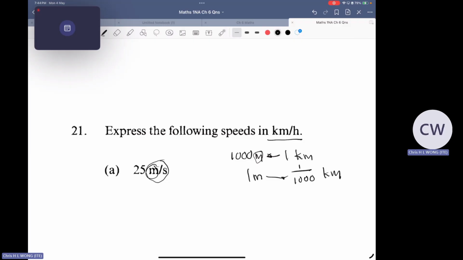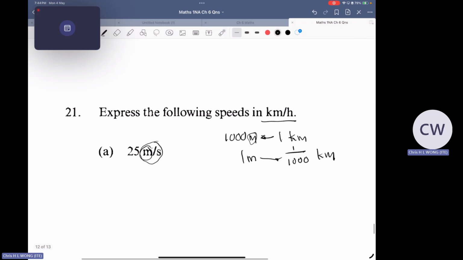Okay. Now second, change to hour. 1 hour, how many seconds? 3600. But you need to find 1 second, right? 1 second will give you 1/3600 hour. Now you find everything already.